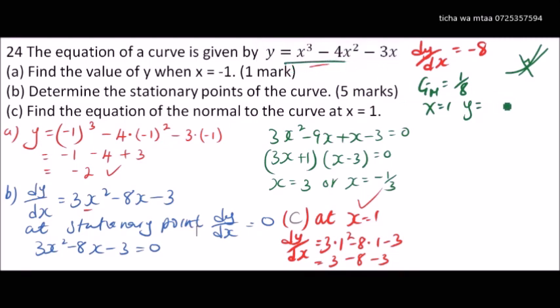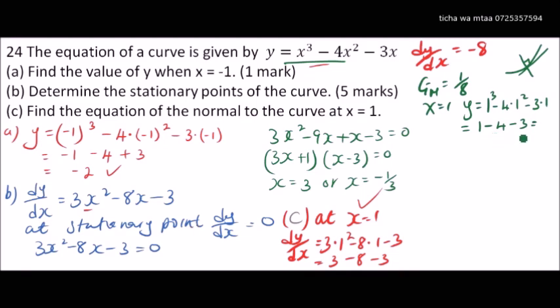This is 1 cubed, minus 4 multiplied by 1 squared, minus 3 multiplied by 1, which gives 1 minus 4, then minus 3, and this gives you minus 6.